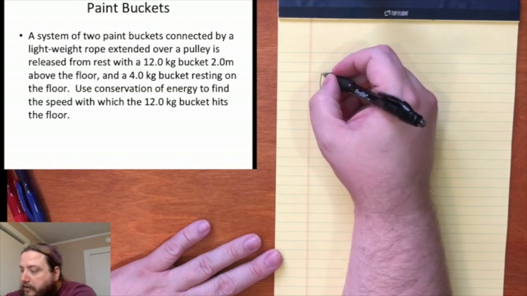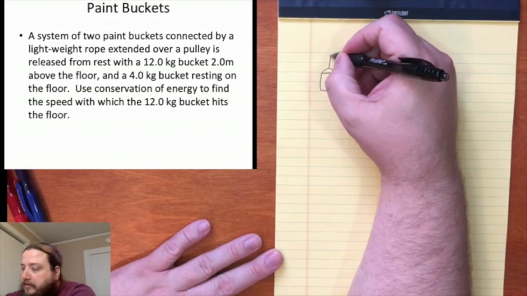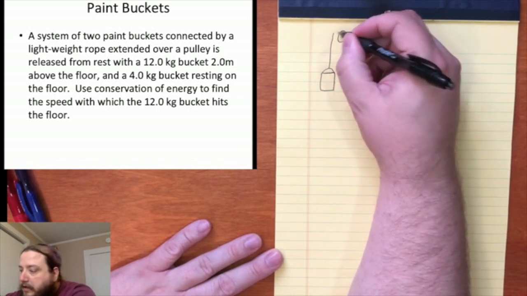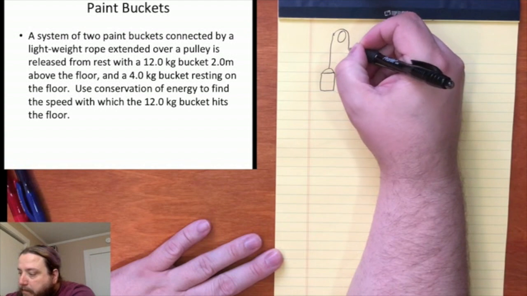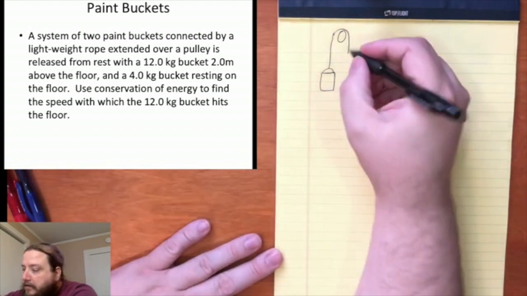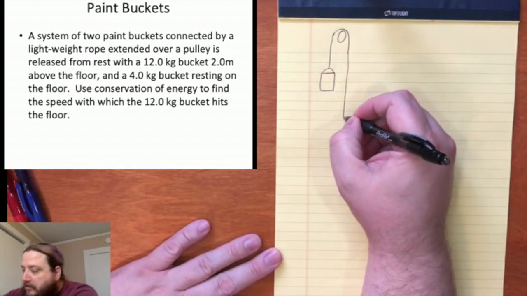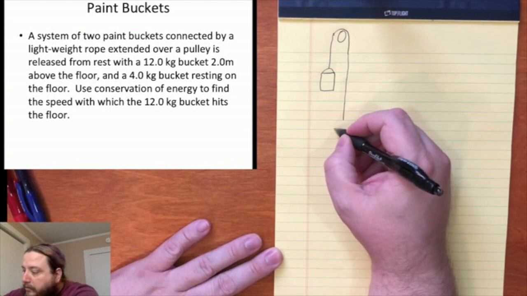Here's our bucket number one, and there is a pulley and rope system. The rope goes up the pulley, and bucket number two is down here on the floor.